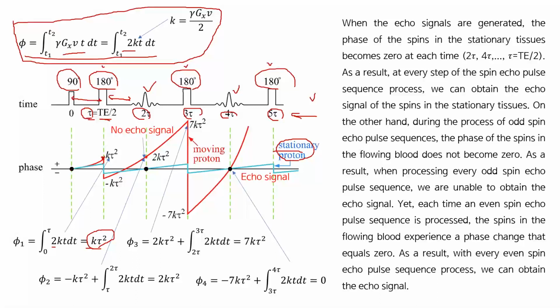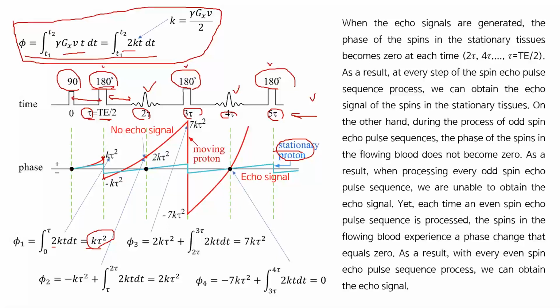And at this moment, a 180-degree pulse is applied, so k tau square becomes minus k tau square due to this 180-degree pulse. Okay.